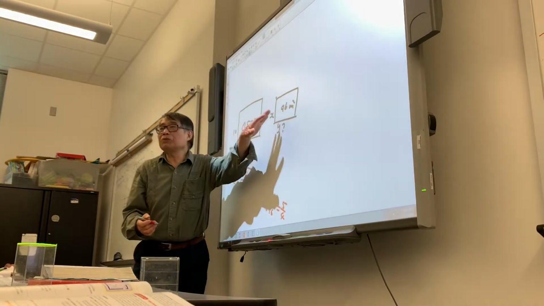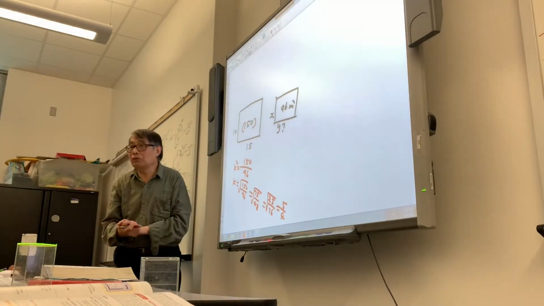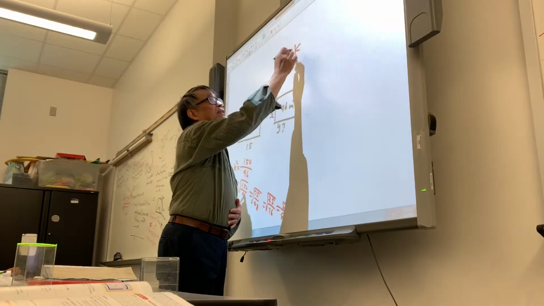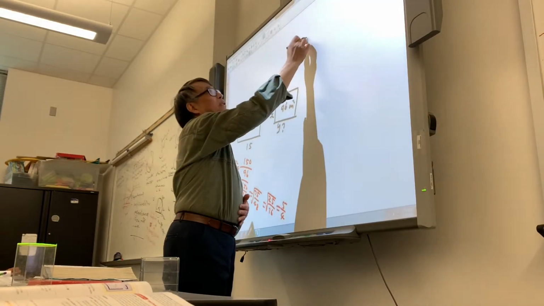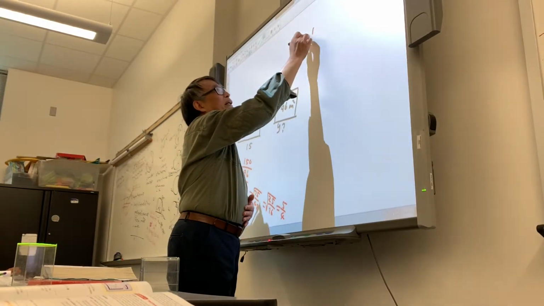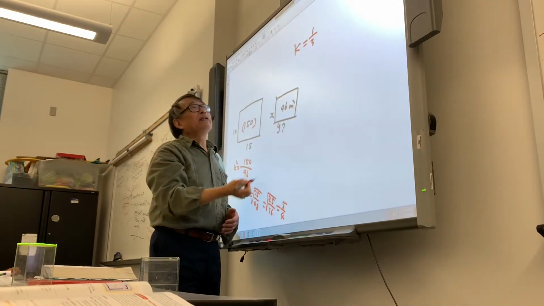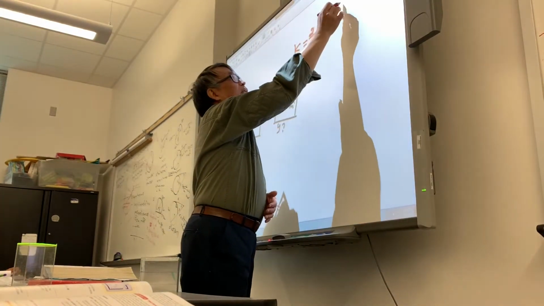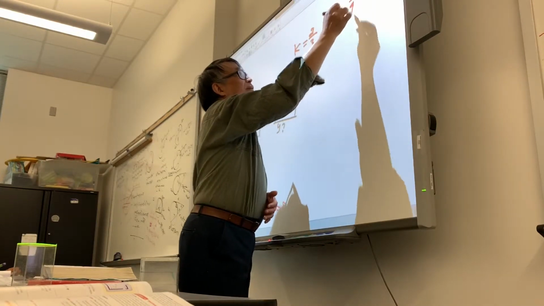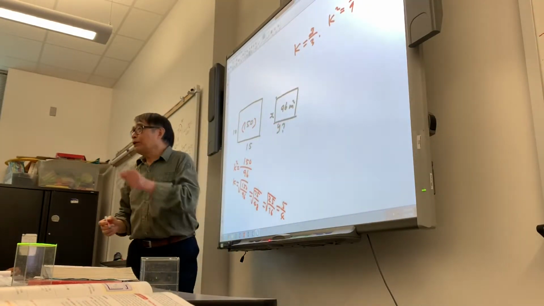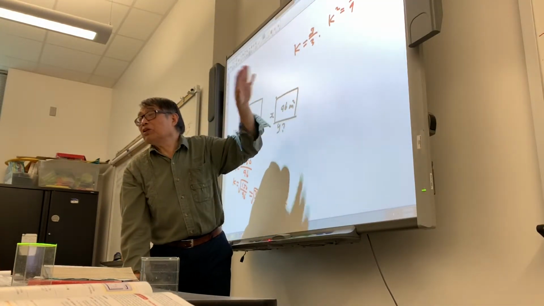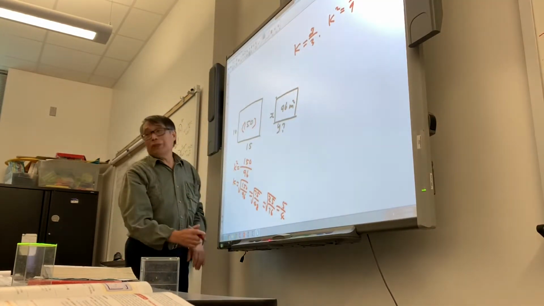It means the bigger one over the small one is 5 over 4. So this is very important. If the length ratio equals 2 over 3, then K squared equals 4 over 9. K squared is the ratio of area. K is the ratio of length. Do you understand, please?